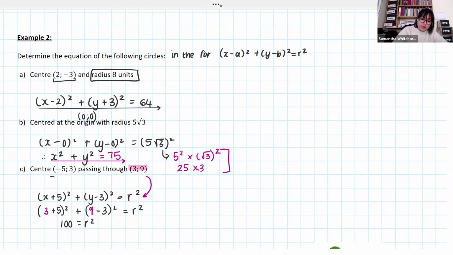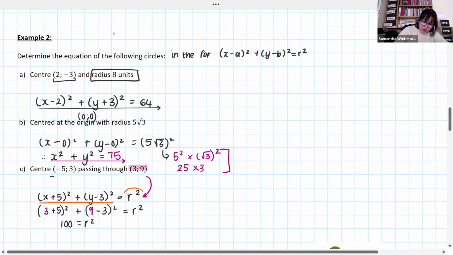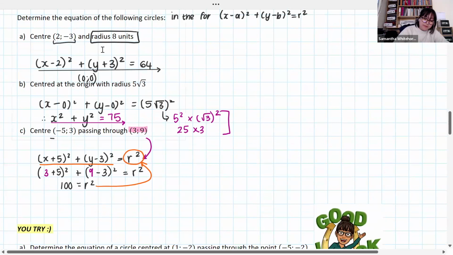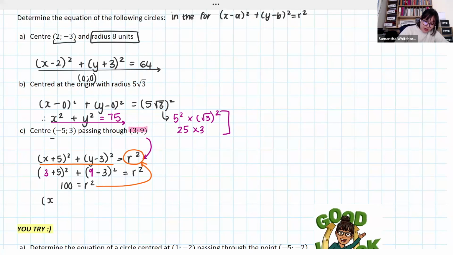Now, remember, you're trying to get the equation of the circle. You've already substituted in the center. You were just looking for r squared. We have that information. You do not need to go and say r equals 10, therefore r squared equals 100. If I'd asked you what the radius was, yes, absolutely, you would need to square root. But in the case of what the question is asking me, I needed r squared.